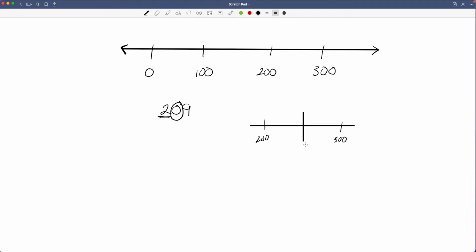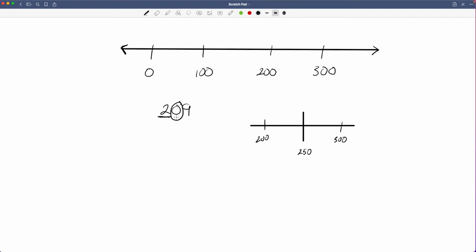If it is less than halfway, I'm going to get the 200. So half of 100 is 50. So 250 would be my halfway point between 200 and 300, right? So if it's halfway or more, I'll get 300. If it's less than halfway, I'll get the 200.